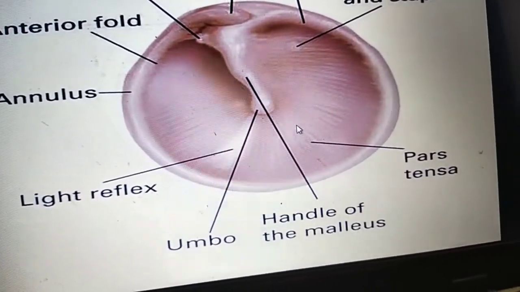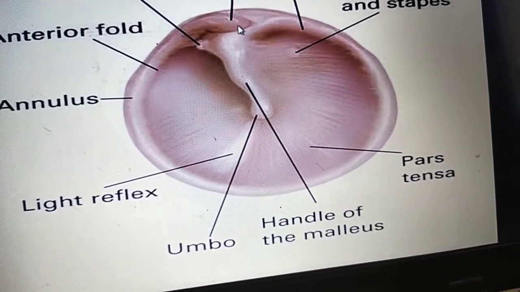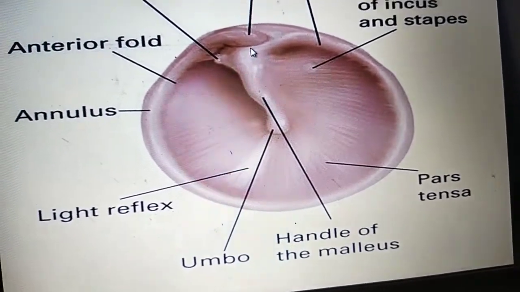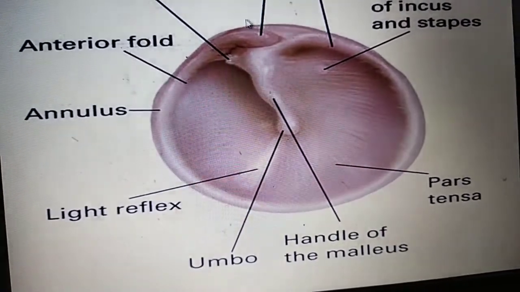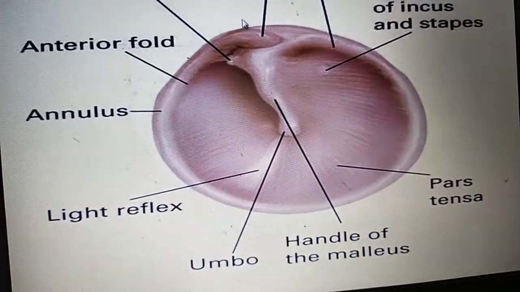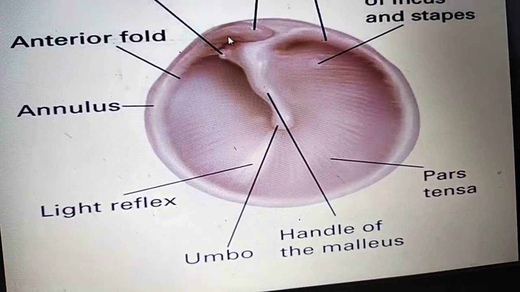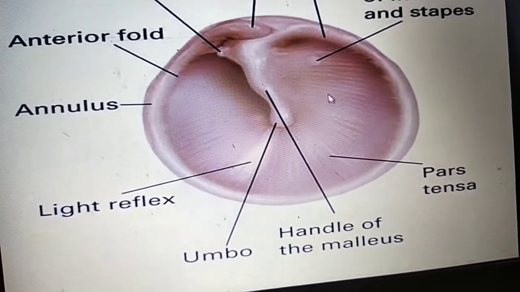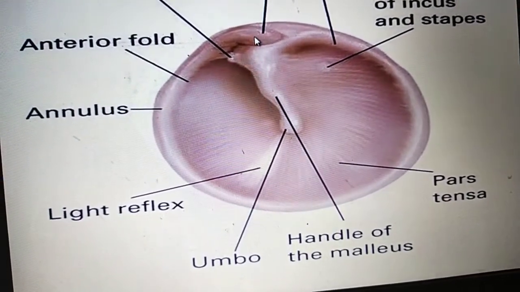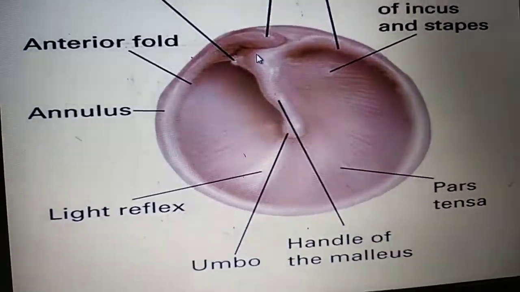Now we can go to the pars flaccida. This is the pars flaccida, a small triangular flaccid portion of the tympanic membrane or eardrum. You can see it is triangular in shape and small compared to the pars tensa.